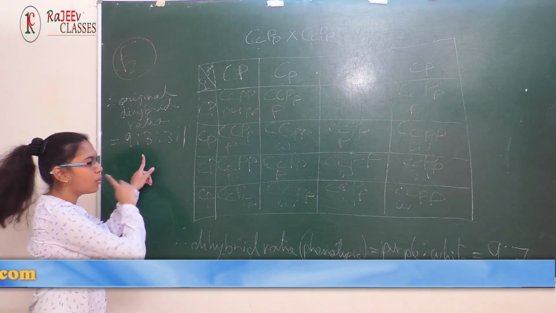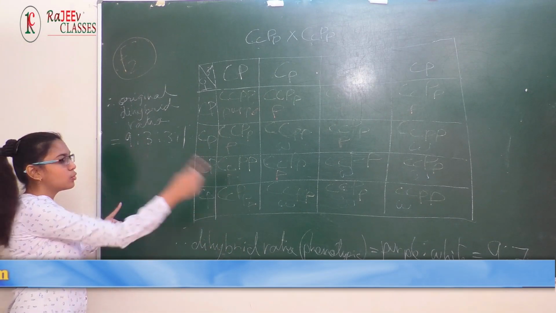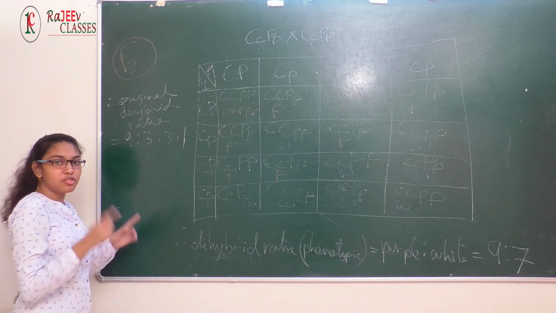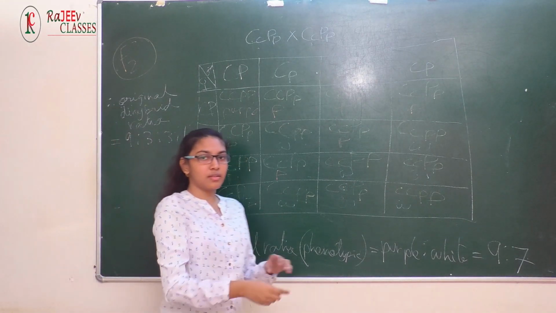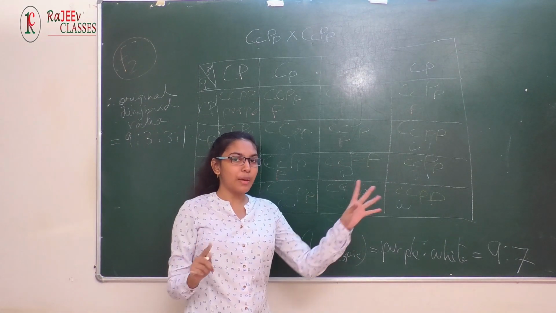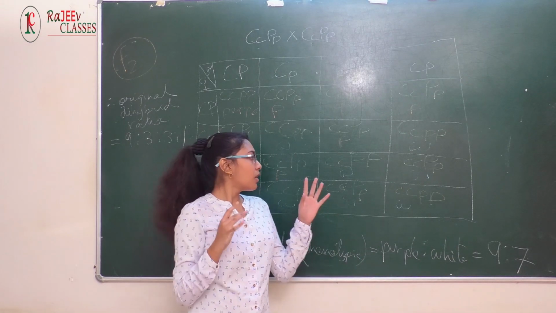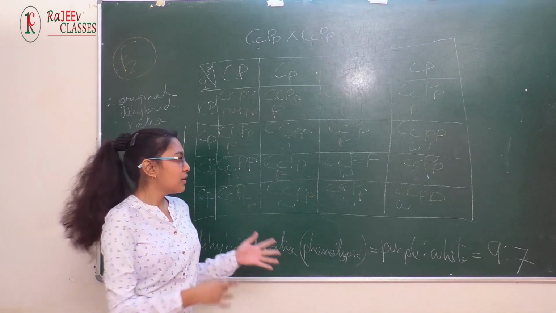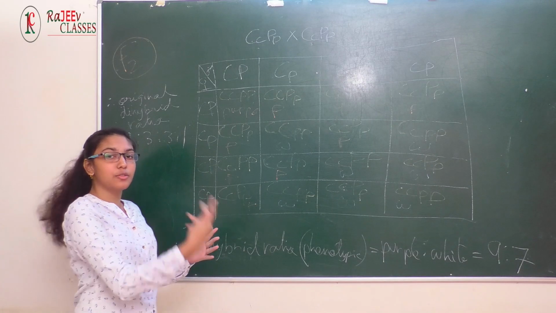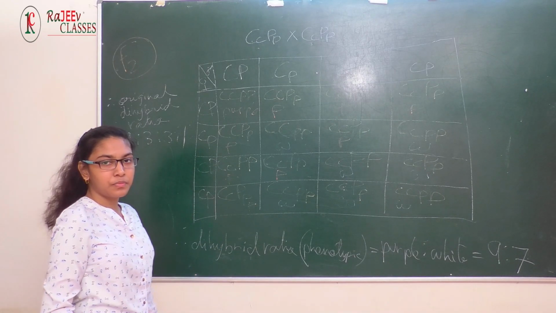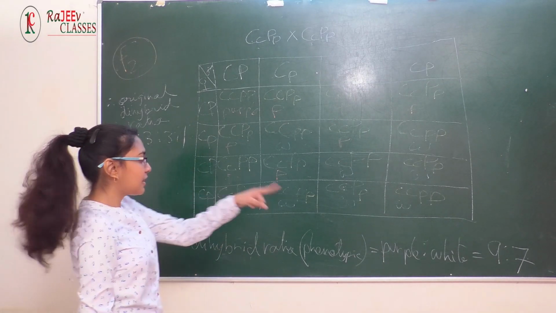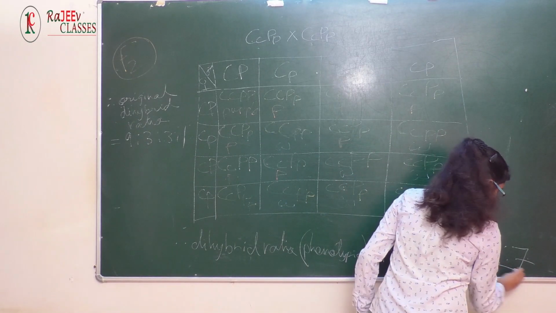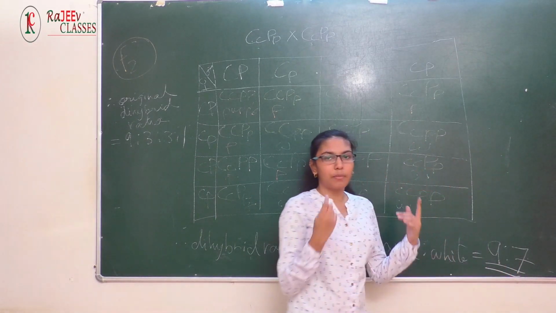So you see how drastically the two ratios have changed, just because these two genes located on two separate chromosomes may have interacted and gave rise to a completely different phenotype. Okay? So this is your complementary gene or recessive epistasis ratio.